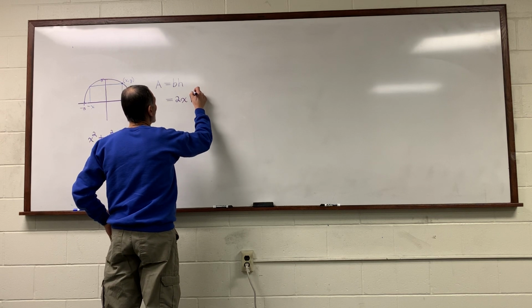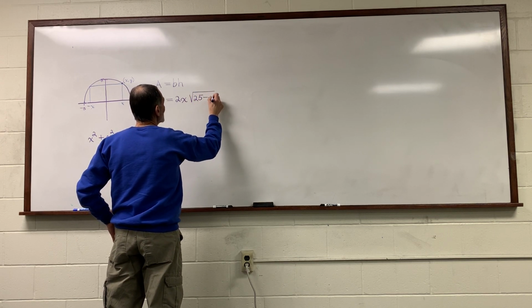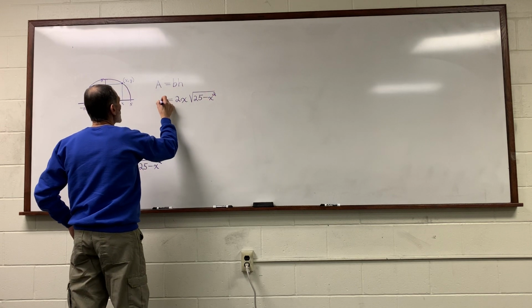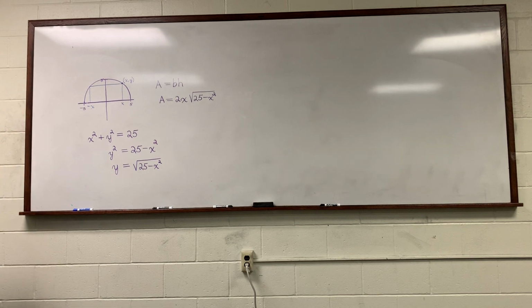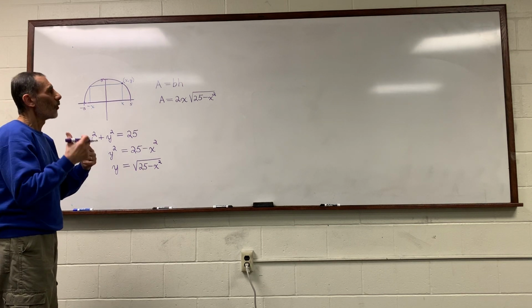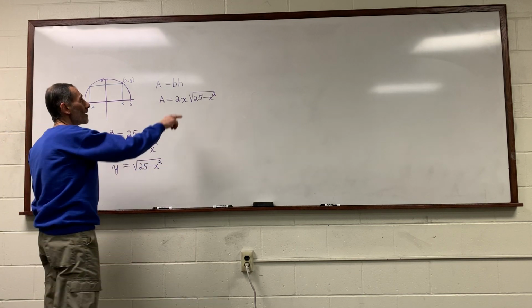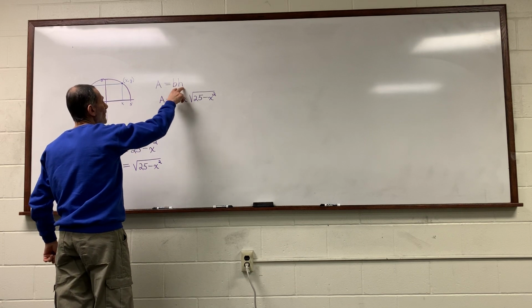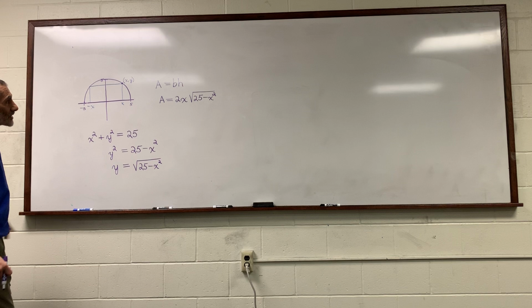So here is our formula for the area of the rectangle in terms of just one independent variable. In the previous problem, we were able to express one of the variables in terms of the other. In this problem, we expressed both of these in terms of the third, which was x. At this point, again, the mathematics is familiar.